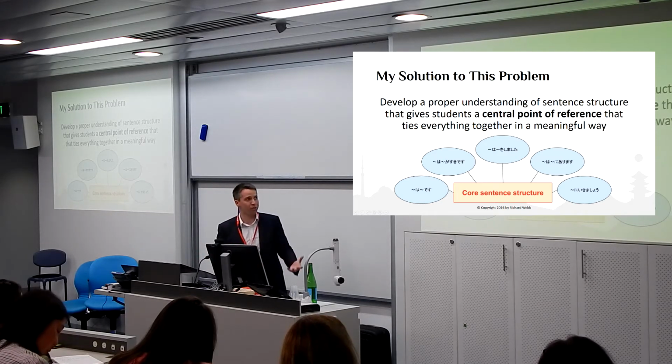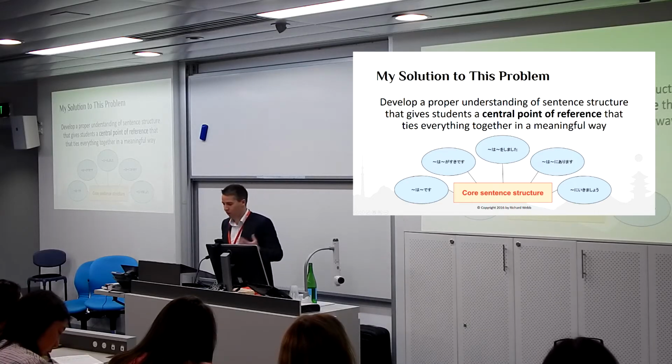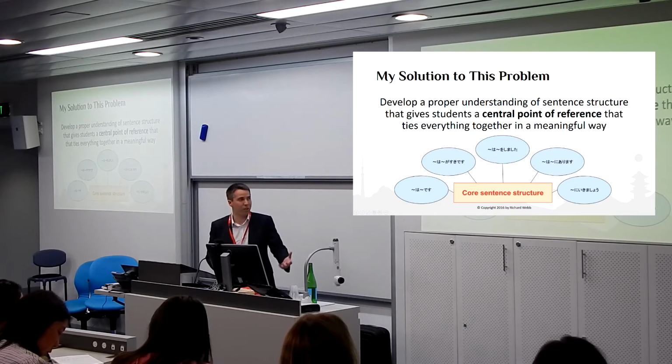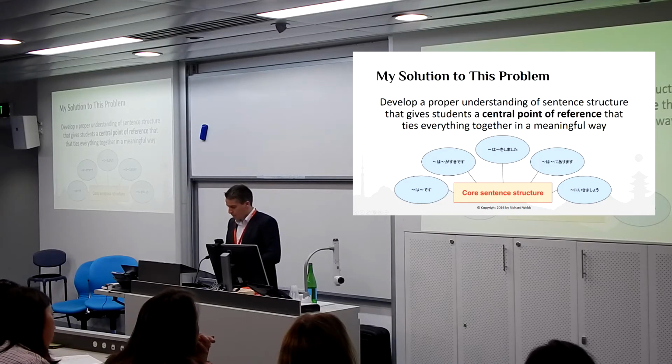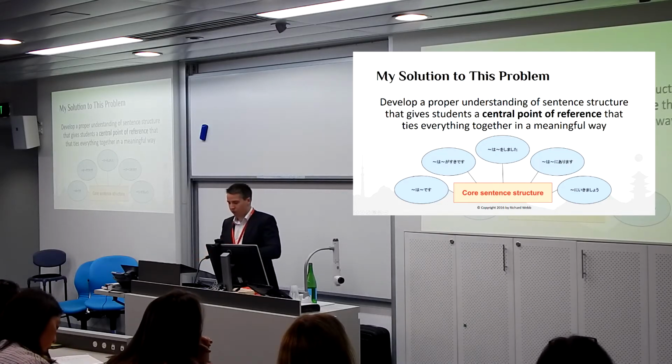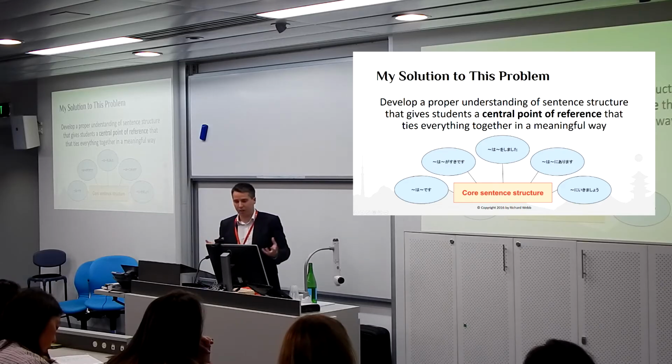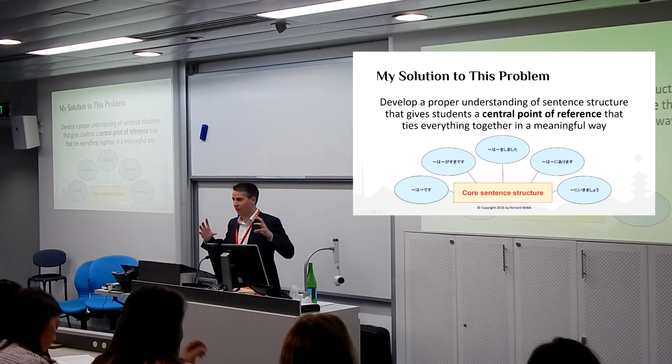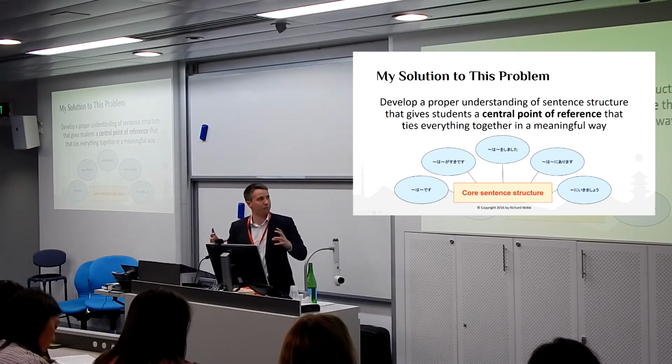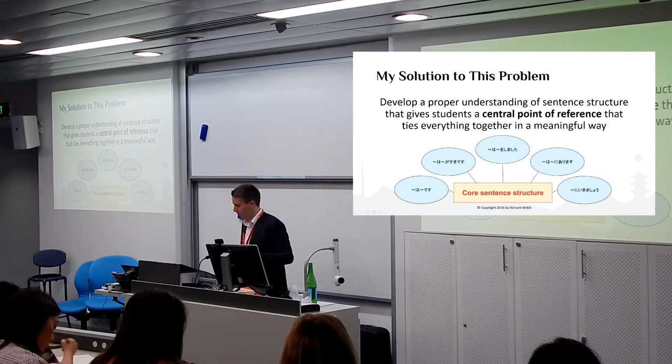And for English, word order is a major part of that, so that leads us to assume that things in Japanese are going to be the same. So I wanted to explain that there is a logical system, a core sentence structure model that everything fits into.